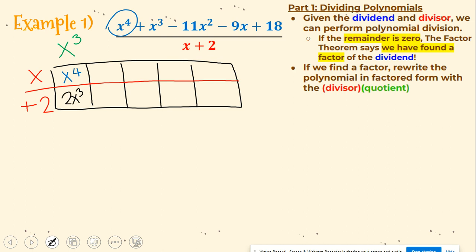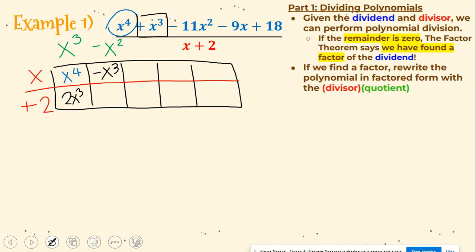Now we look and we see that, hey, I have 2x to the 3rd, but I need just 1x to the 3rd. I need to take away 1x to the 3rd, and I will fill it inside my box. And now I'm ready to figure out what multiplies. x times negative x squared gives me x to the 3rd.